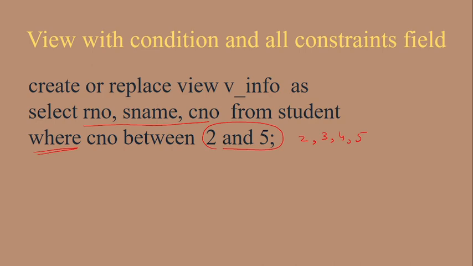So if we write this query, we are creating a view v_info with the attributes roll number, S name and CNO. All constraint fields are present from the table student, and also we have given the condition.